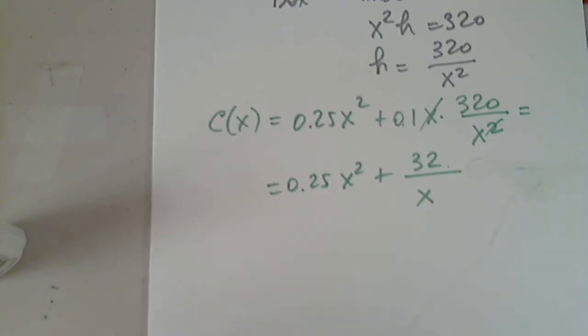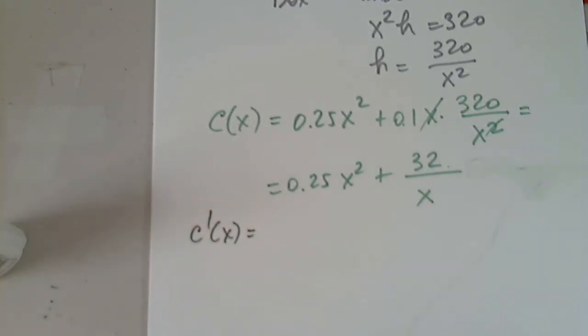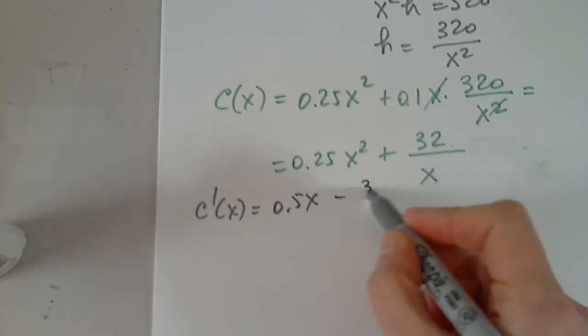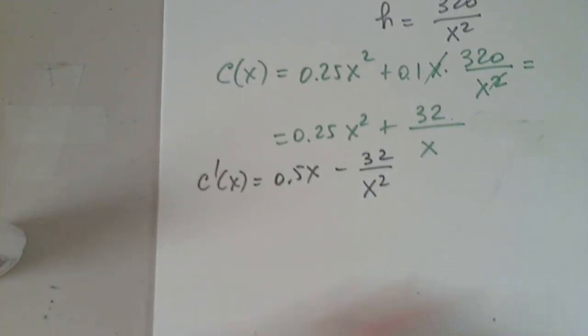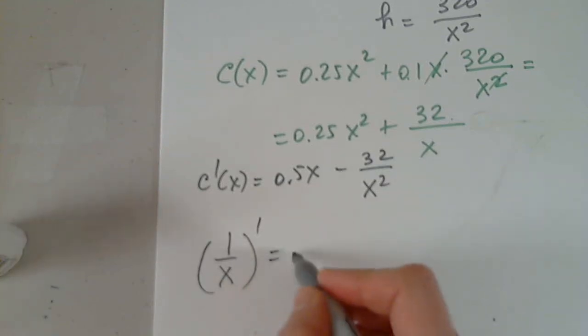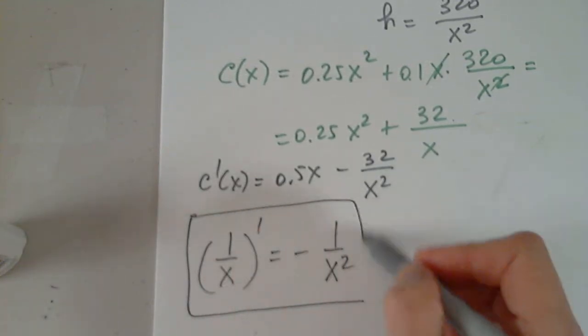Good. So I'll differentiate now, and I get 0.5x minus 32 over x squared. I hope moving forward you will remember that the derivative of 1 over x is negative 1 over x squared. Very important to remember this.